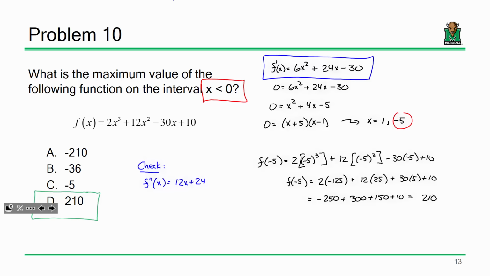And if I plug in minus 5, I get minus 36? So what that means is that this is concave downward. In other words, the curve looks something like this, and this is at x equals minus 5. So it is a maximum.